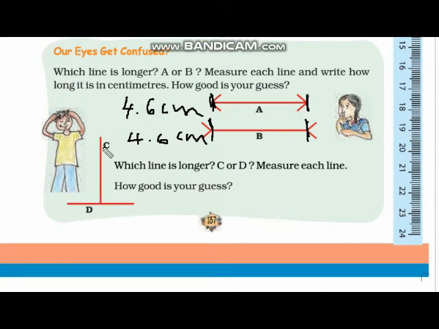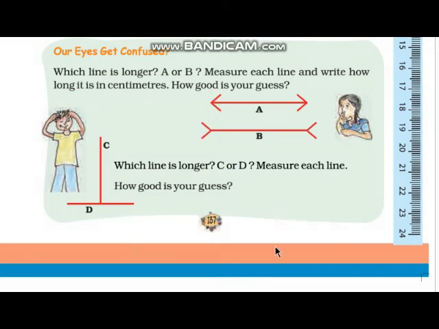When I measure with the ruler, I get the measurement of line C is equal to 3.2 centimeter and the measurement of line D is equal to also 3.2 centimeter. So these both lines are equal, not smaller or bigger. Only our eyes get confused.